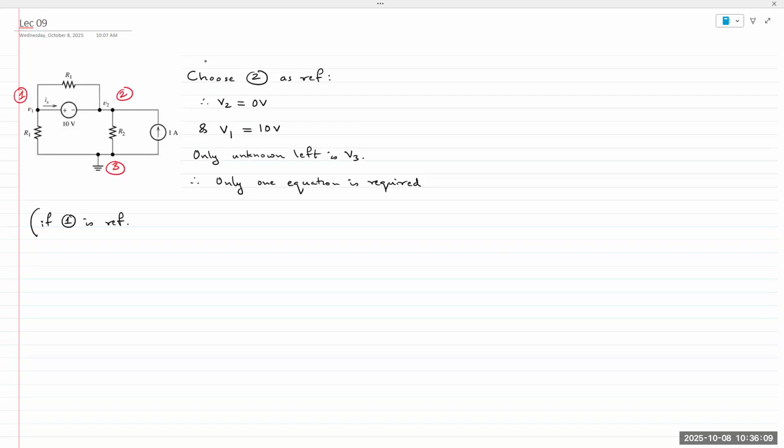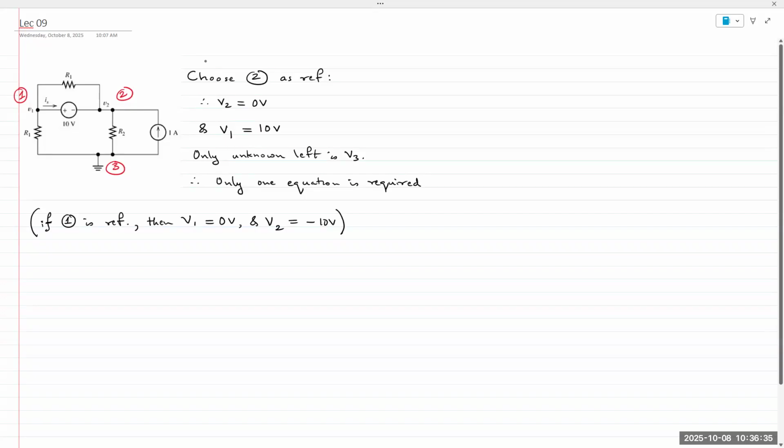And as practice, I would recommend that students solve this problem by taking node 1 as the reference. So if 1 is the reference, then V1 is 0 volts and V2 is minus 10 volts. Okay, minus 10.